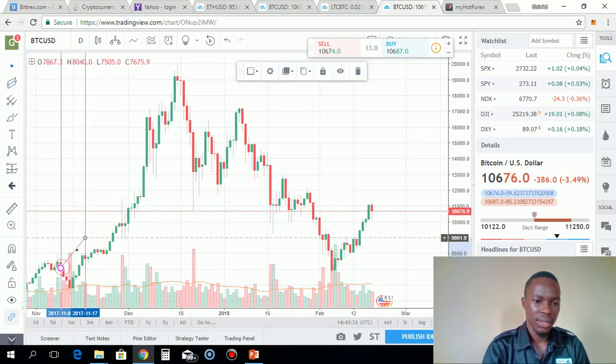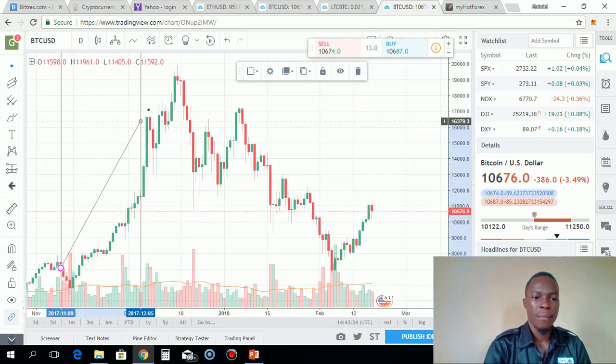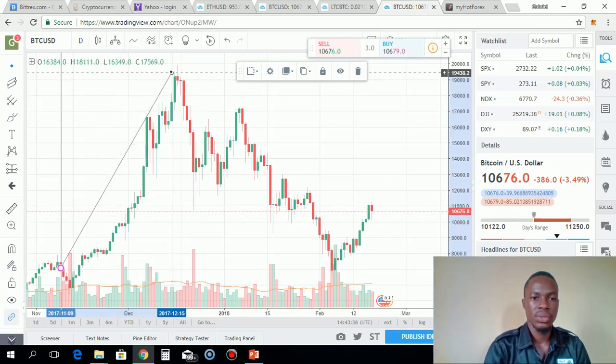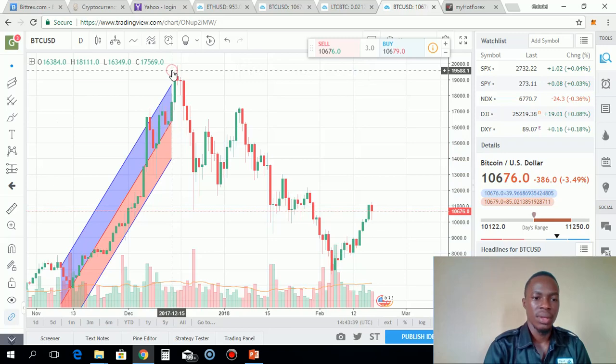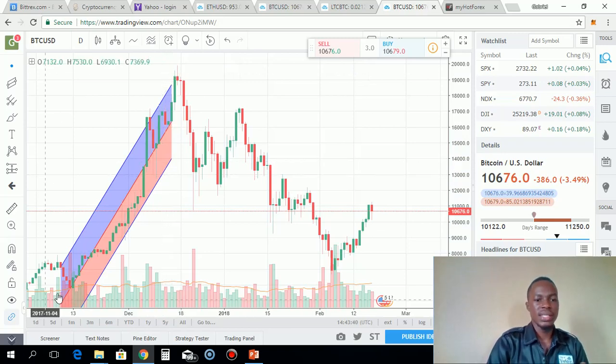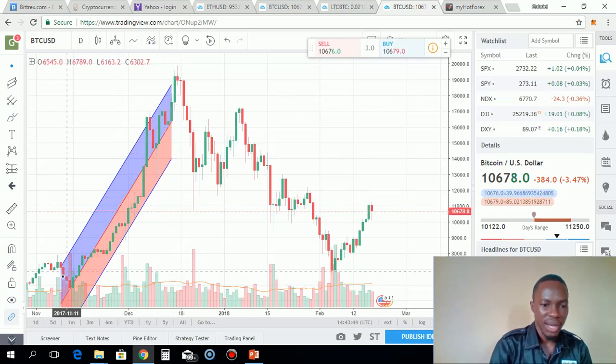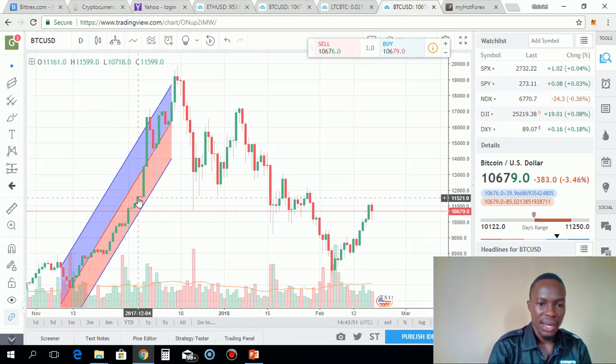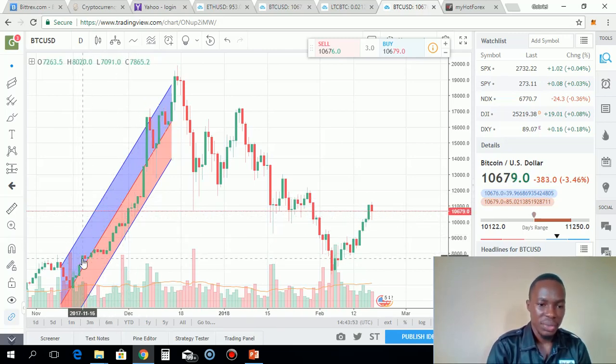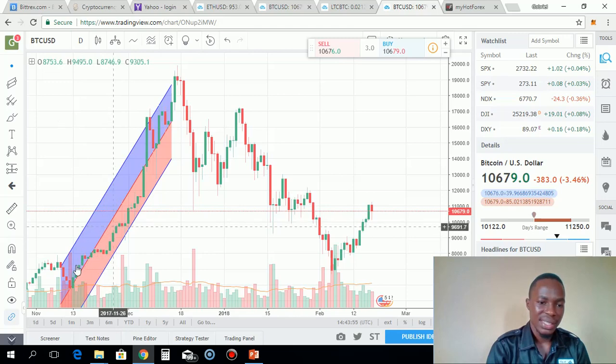One second, guys. So there we go. You can see this zone marked here. This zone is an uptrend. You can see the market is constantly making higher highs. This is a previous high. This high is higher than the previous high.